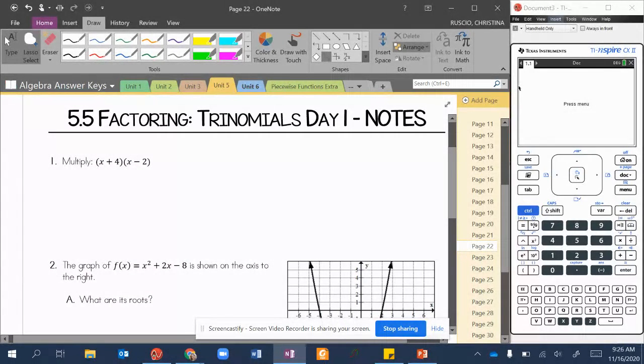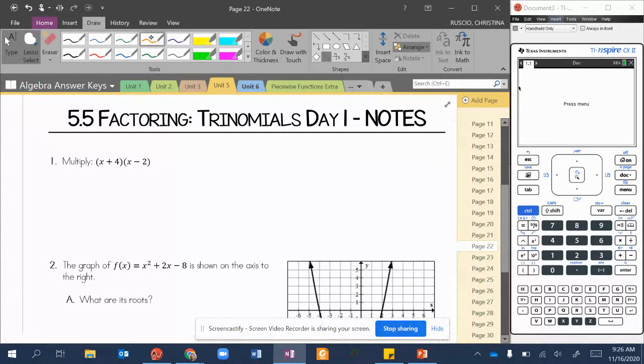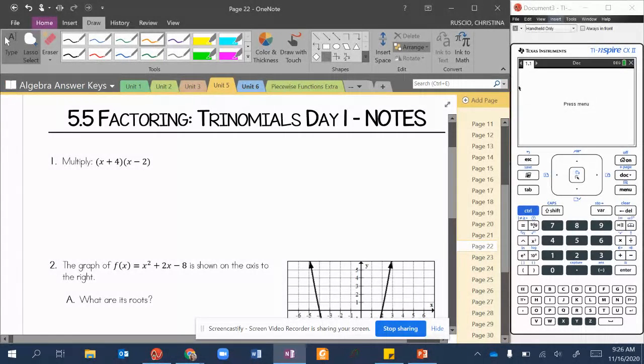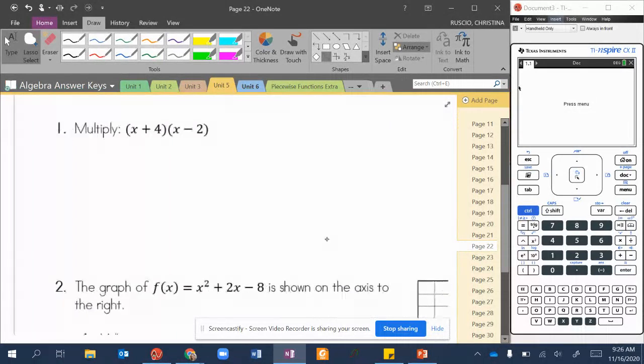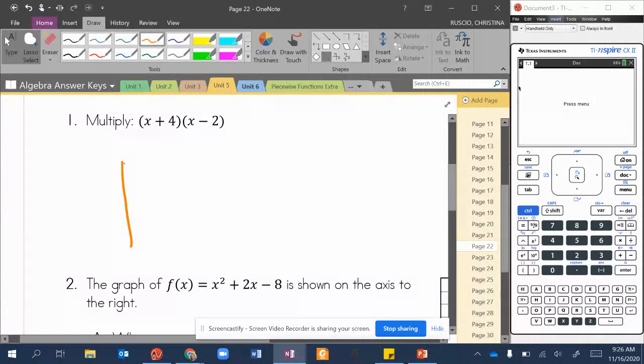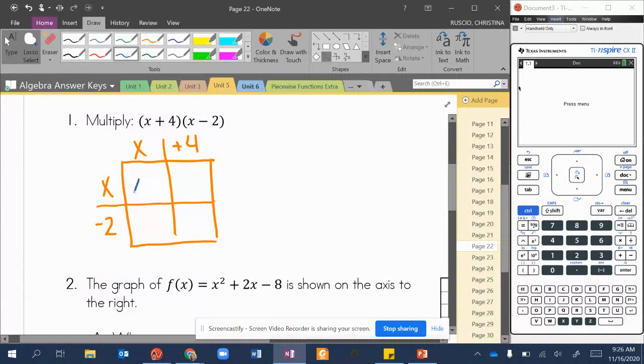All right, number one. Let's take a trip down memory lane and let's multiply these two binomials together. If you're thinking that we need to set up the box method, you, my friends, are correct. So let's set up the box. We're going to multiply x plus 4 all times x minus 2. Okay, so 4 multiplication questions. X times x is x squared.